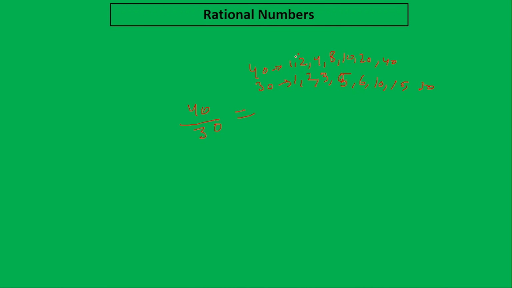Now, too many common factors: 1, 2, 5, 10. So 40 is 2 into 2 into 2 into 5, and 30 is 2 into 3 into 5. What are the common ones? Cut them. Now the final is 4 by 3.